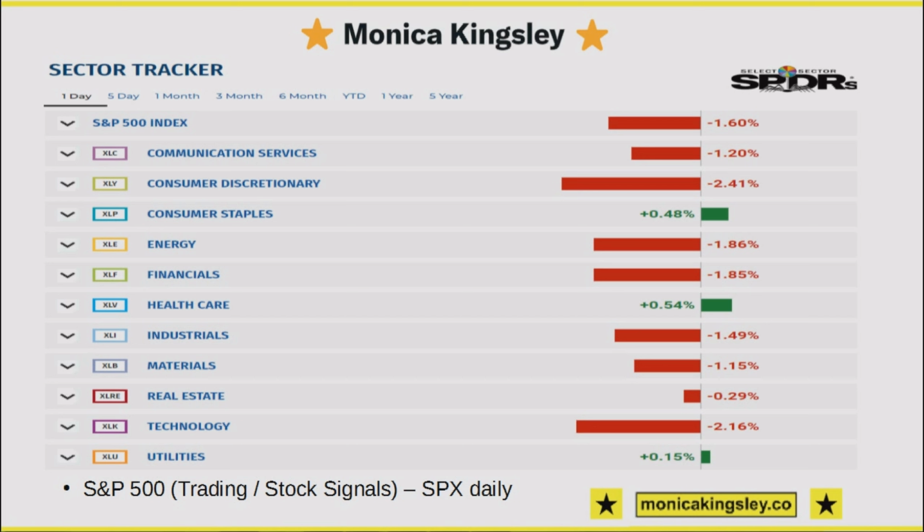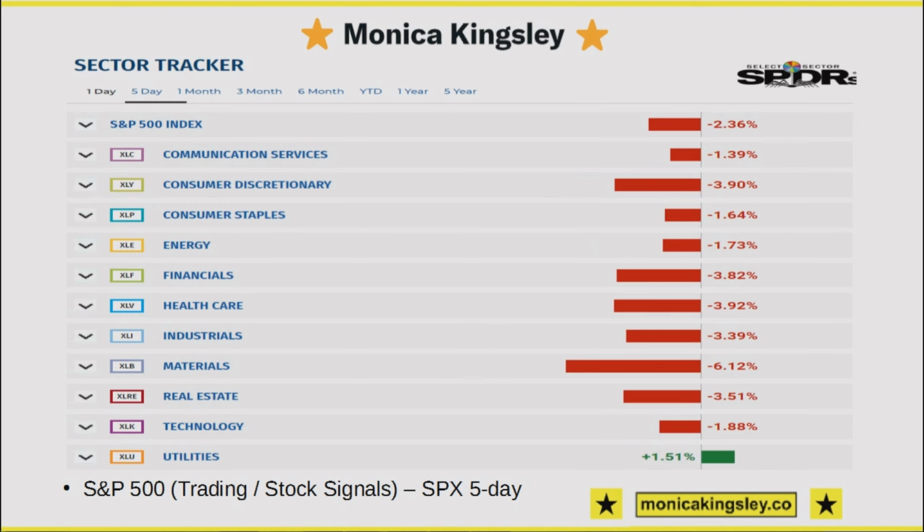Such is the view of the sectoral performance on a daily basis, where you can see that it's pretty much a risk off picture. Even the real estate went down. And that is a typical example of an interest rate sensitive play.